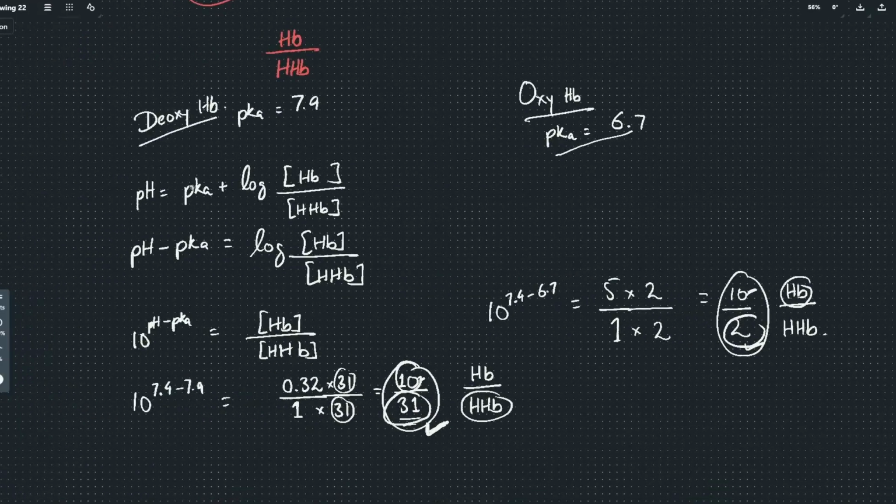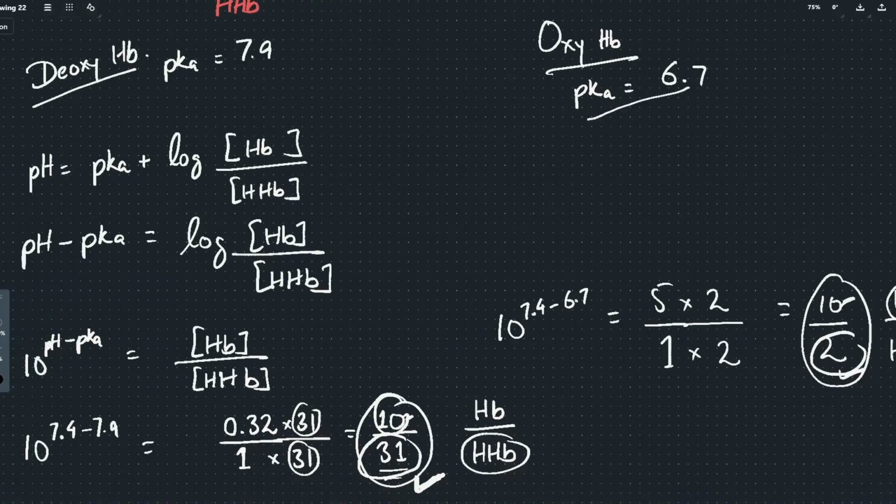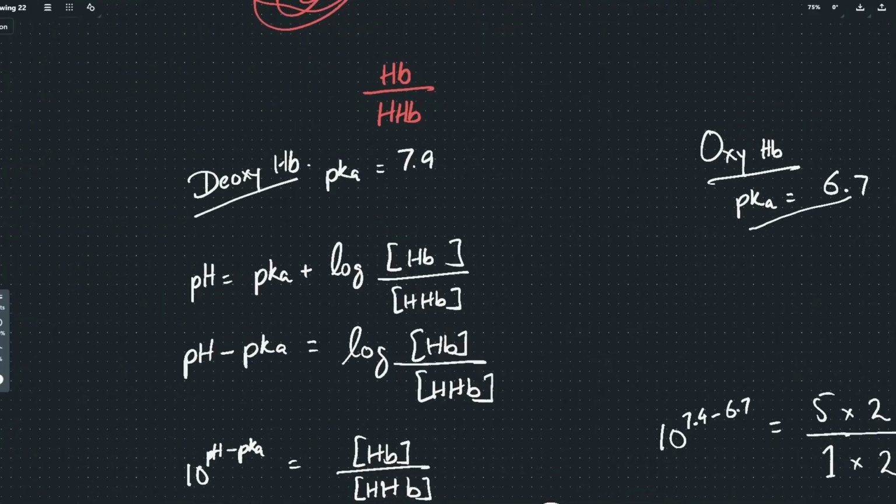So it can pick up the CO₂ in the form of protons in the peripheral tissue, and it can release CO₂ in the form of proton in the lungs. So this is well suited for this job. The pKa changes. This is the beauty of the hemoglobin buffer system. This is the only buffer system that I know in our body that changes the pKa value depending upon where it is, and it changes because of which effect.